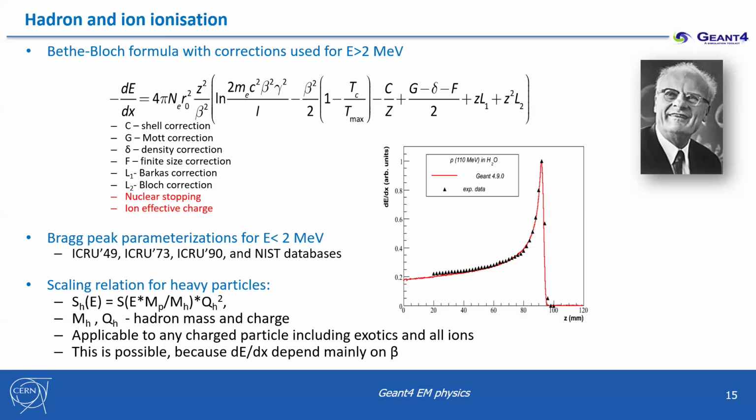F is the finite size correction, and also there is the Barkas term, which has a dependence on charge in power 3, and the Bloch term, which has a dependence on the fourth power of the electric charge of the incoming particle.